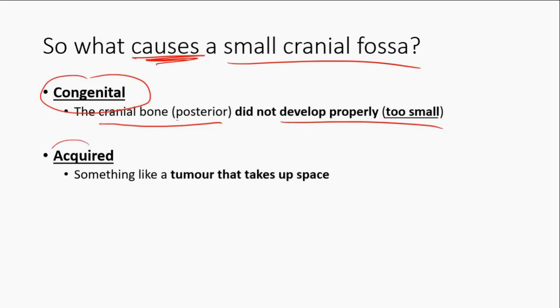Or it could be something that's acquired. So maybe a patient has a tumor, and that's taking up the space. Or another example could be chronic meningitis, where you've got fibrosis that's pushing structures in the posterior cranial fossa.